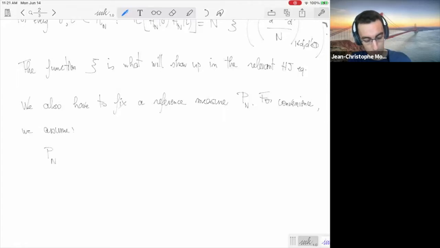So I'm going to assume that for the reference measure, sigma has IID coordinates, and each coordinate is either +1 or -1. So P_n is an n-fold tensor product of the single measure P_1 supported on ±1.